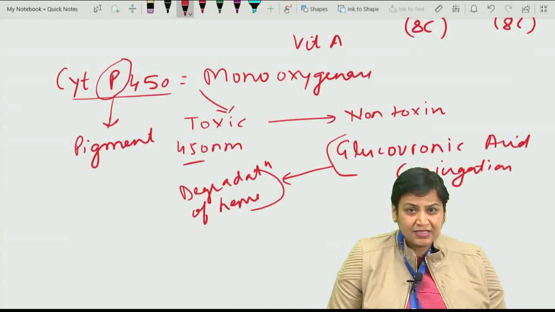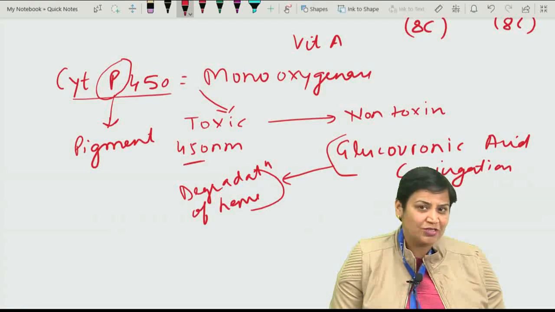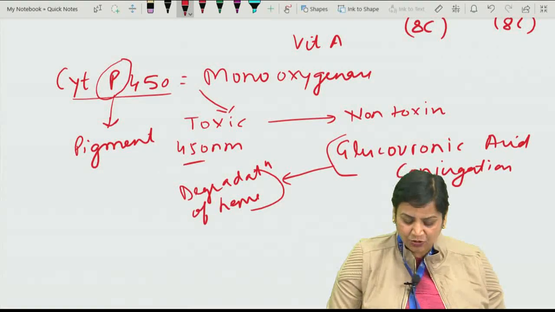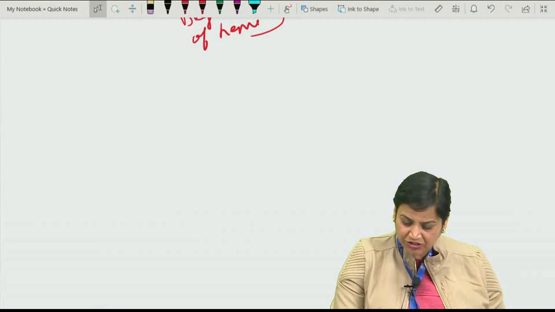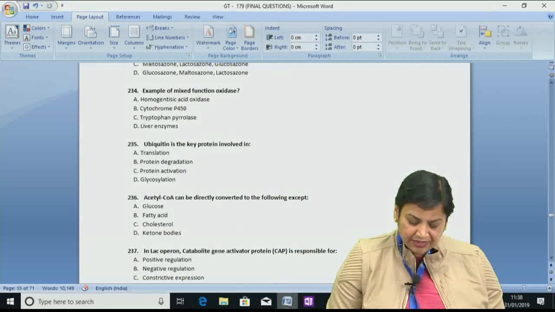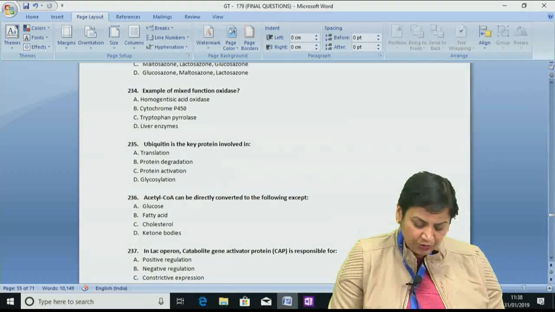So monooxygenases means there is incorporation of a single oxygen, and finally it is going to form carbon dioxide and water. So the answer to this question is cytochrome P450.